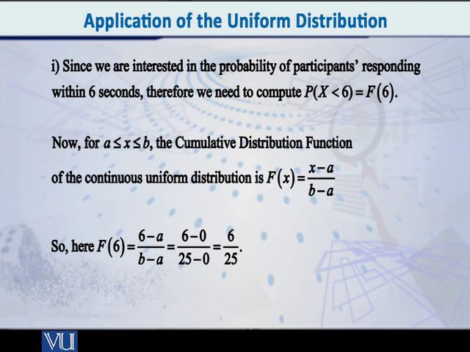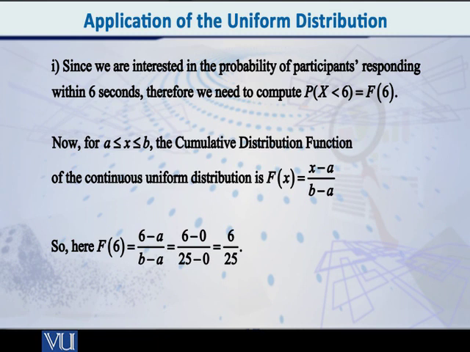We know that for the interval a to b, the expression of capital F of x for the continuous uniform distribution is x minus a over b minus a. तो यहाँ पे a की वैल्यू 0 और b की वैल्यू 25.